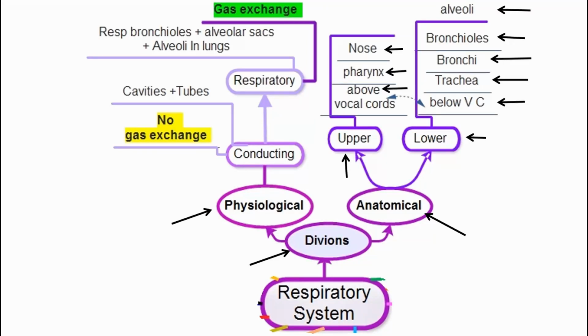Now, the physiologists have a different idea. How do they divide the respiratory system? They say first it is the conducting part, which is made of tubes and cavities, and there is no exchange of gases.